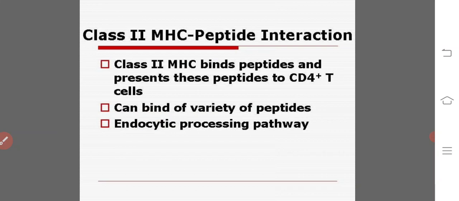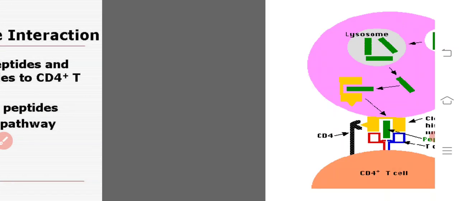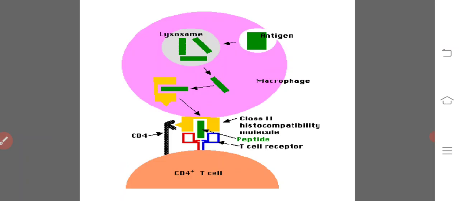Peptides recovered from class II MHC peptide complexes generally contain 13 to 18 amino acid residues, somewhat longer than the nonameric peptides. The peptide binding cleft in class II MHC molecules is open at both ends, allowing longer peptides to extend beyond the ends like a long hot dog in the bun.